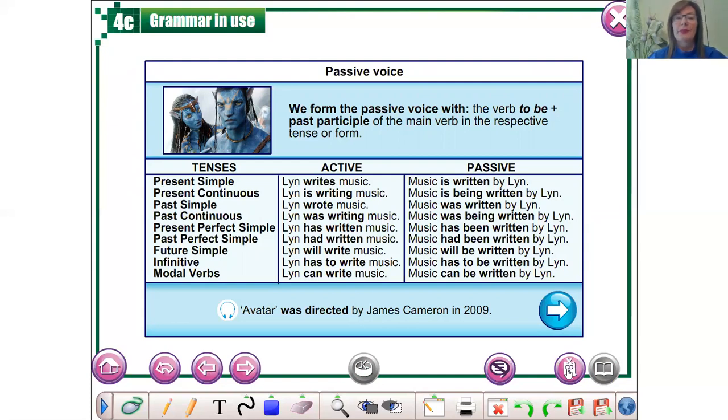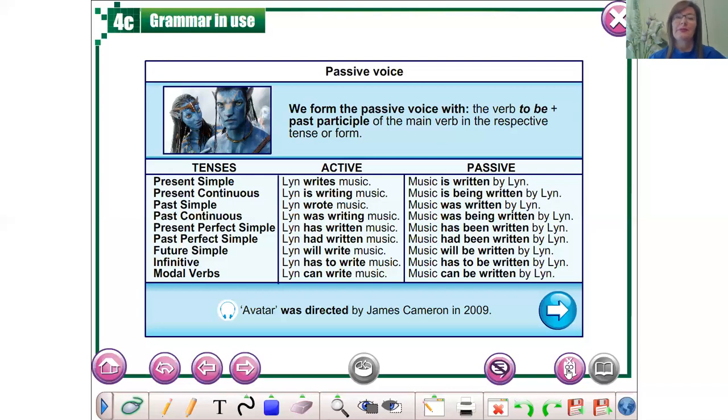So, let me introduce to you some simple rules of forming passive. The first one is, we have a look at the sentence and we see if the sentence has an object. The second, the object of the active sentence becomes the subject of the passive.